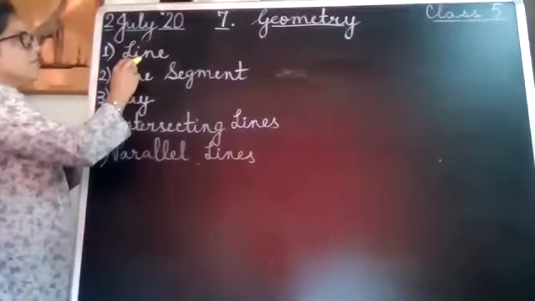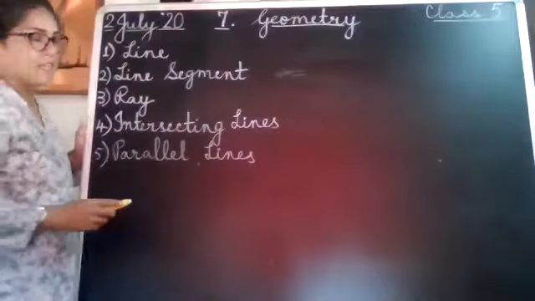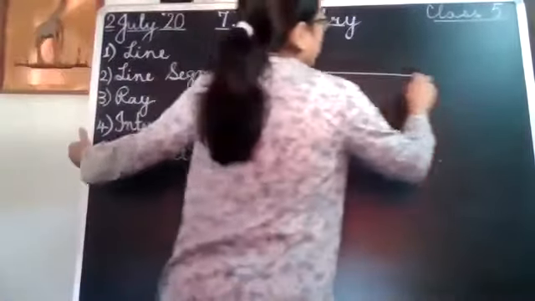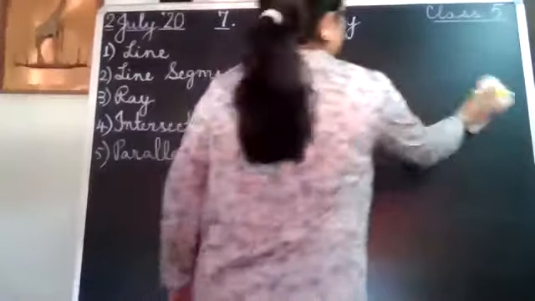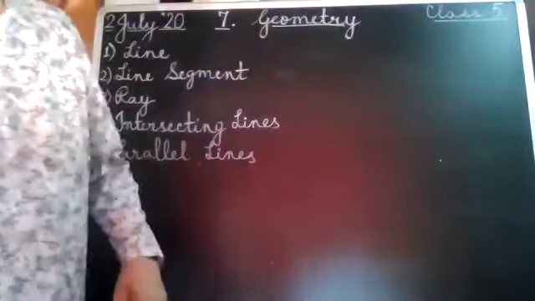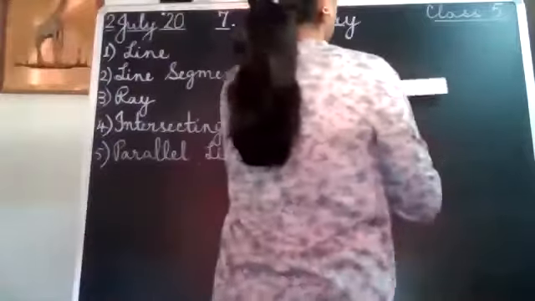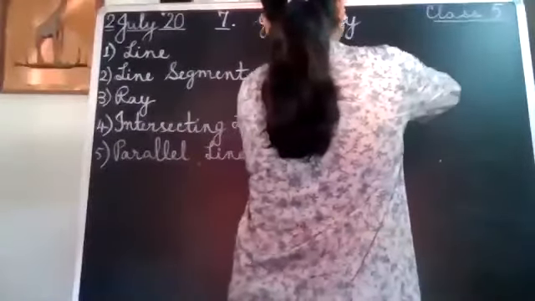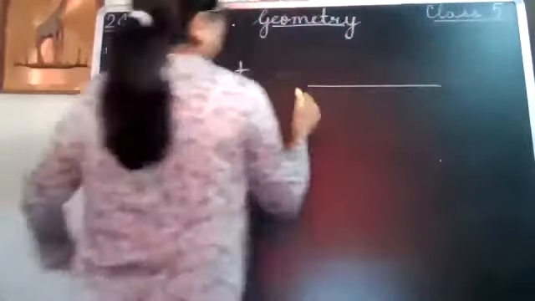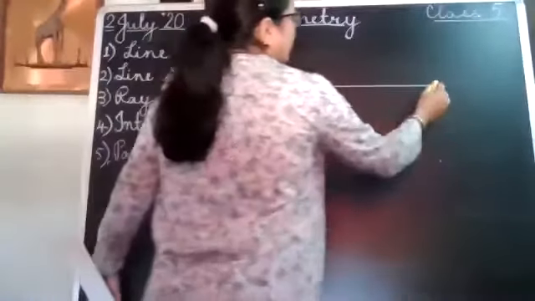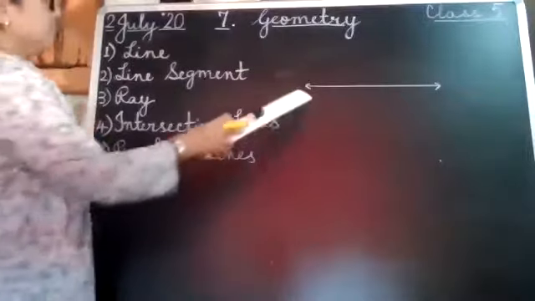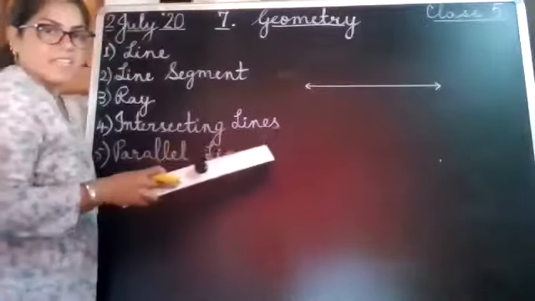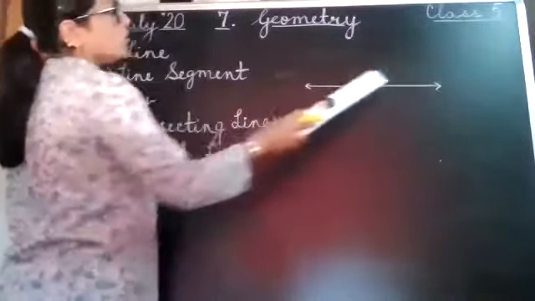The first thing we are revising is a line. A line, you know, is the thing that you draw. Now I made a mistake, that is drawing freehand. So I use a ruler. And I can't use a pencil, I have to use a chalk. So a line can be extended endlessly in both the directions.